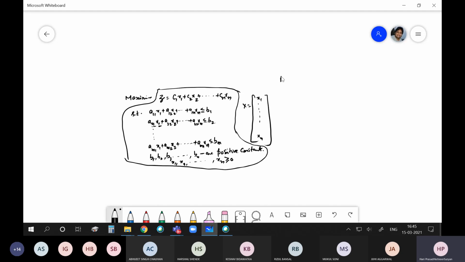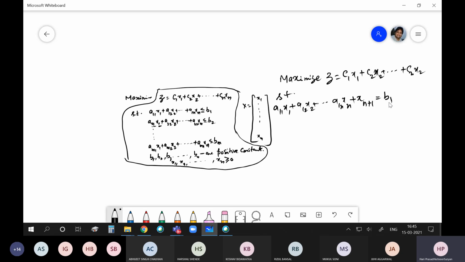That means we can write: maximize z equals c1 x1 plus c2 x2 plus cn xn, subject to the conditions that a11 x1 plus a12 x2 plus a1n xn plus one slack variable, let us call it xn plus 1, is equal to b1.